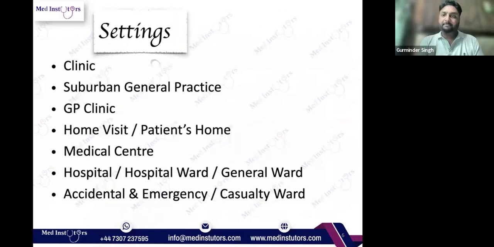Now, guys, here we need to understand what the setting asks for. Setting plays an important role in understanding whether it's a known or unknown patient. It also helps you in your introduction. For example, if I start my conversation with, good morning, my name is Gurminder, and I'm the registered doctor at this clinic.